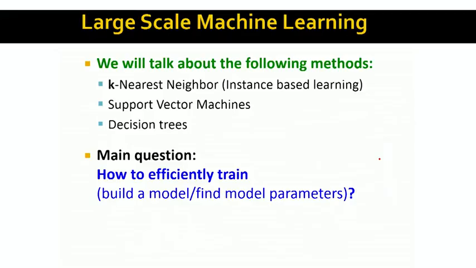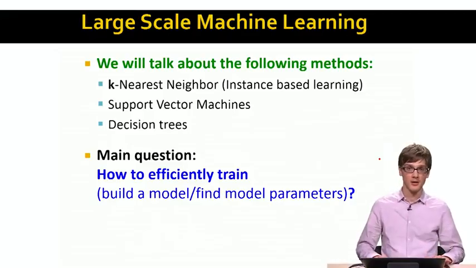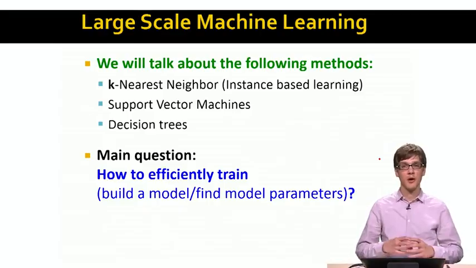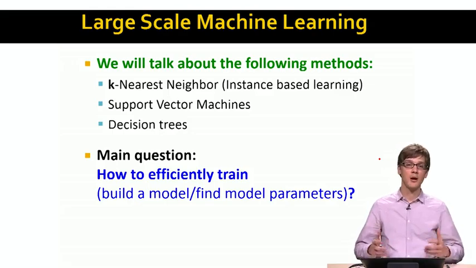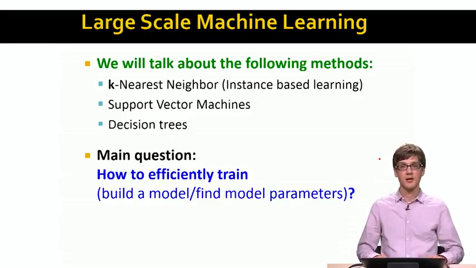So in this module, we will talk about several different machine learning methods where we'll be focusing on large-scale data. In particular, we will talk today about k nearest neighbor, which is a method in a class of instance-based learning. And then we will also talk about support vector machines and decision trees.